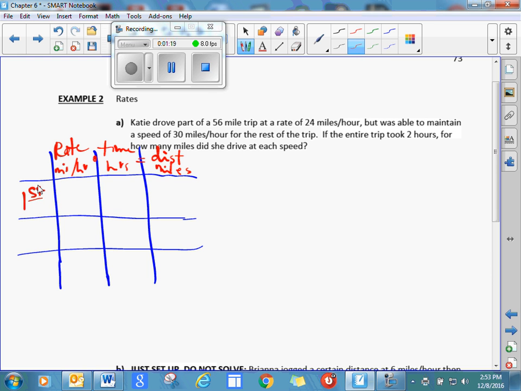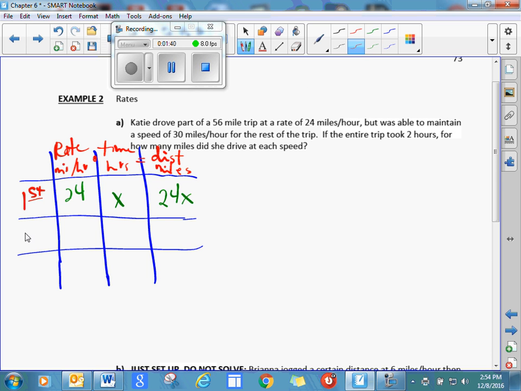Okay, so the first part of her trip, she traveled at 24 miles per hour. We don't know how long that part of her trip was. We're going to let that be the variable x. The total distance that she would have covered during that first part of her trip at that rate is rate times time, 24x.